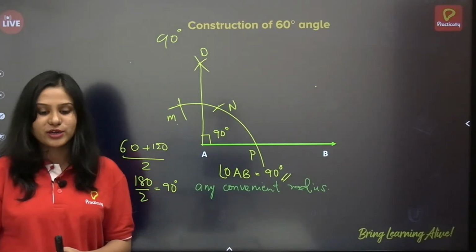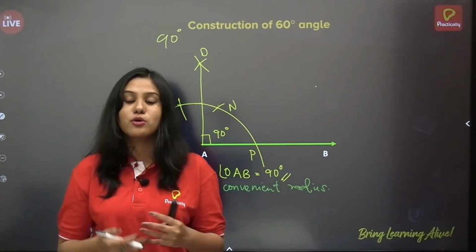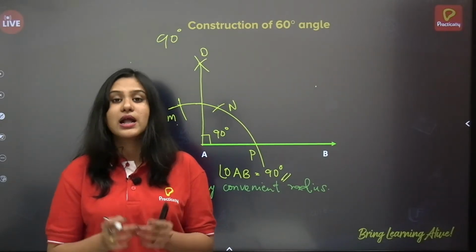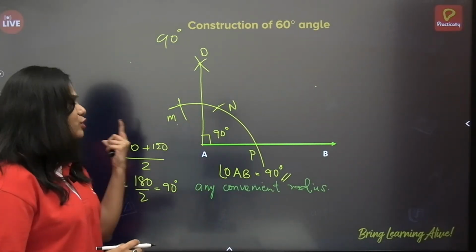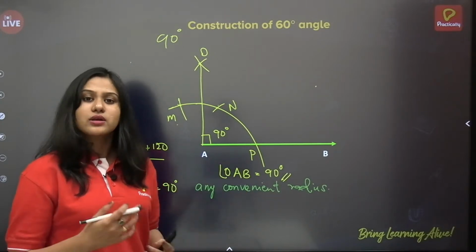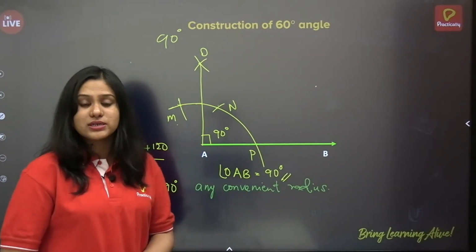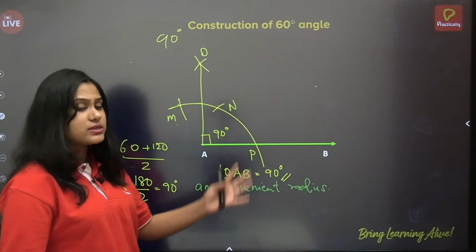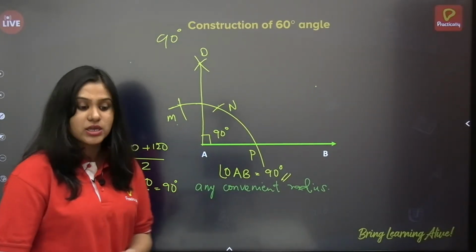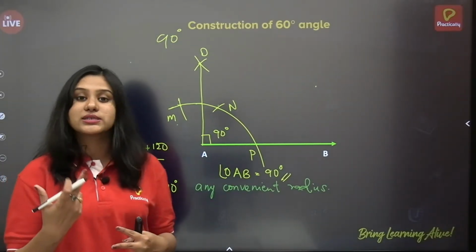Of course you can do it. Very good, Lakshmana Prabhu, by using angle bisector. Absolutely right. So when we know how to construct 90 degrees, we can obviously construct its bisector, correct? So if I bisect this, I would be getting what? 45 degrees. Same way we would be constructing 75 as well.